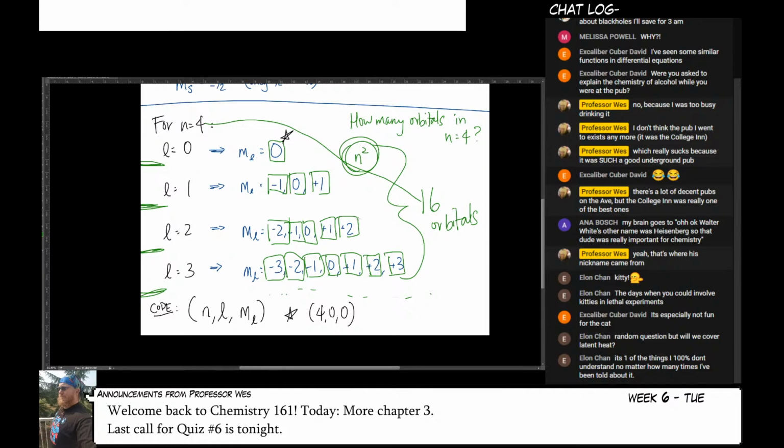And this orbital with the triangle would be 4, 2, +2, or just 2. And then this one with the little doodle would be 4, 3, -3.